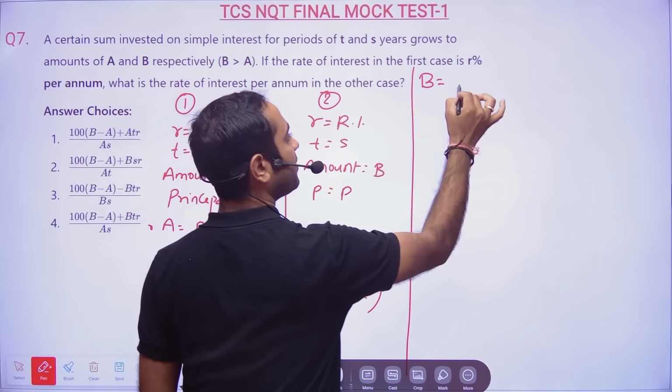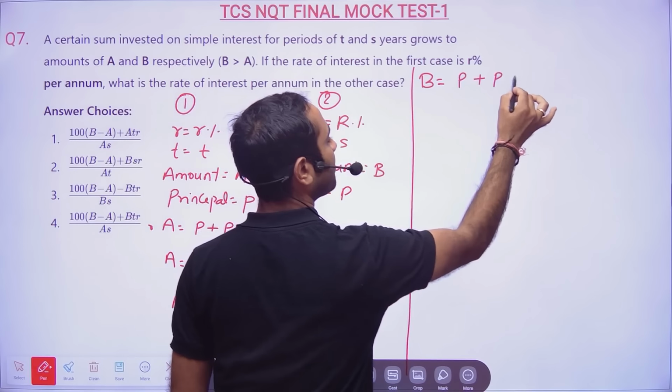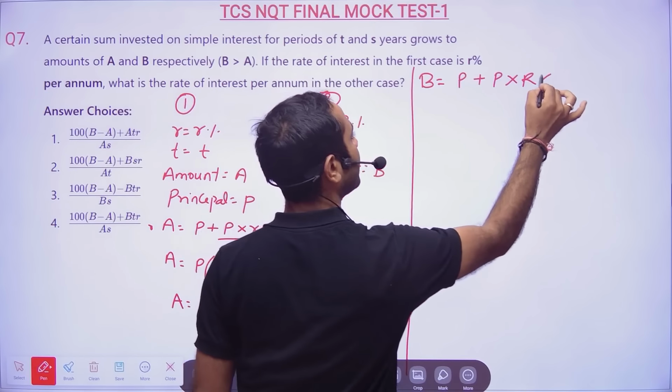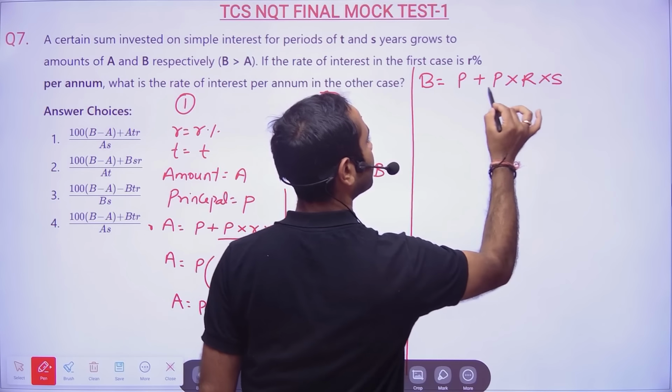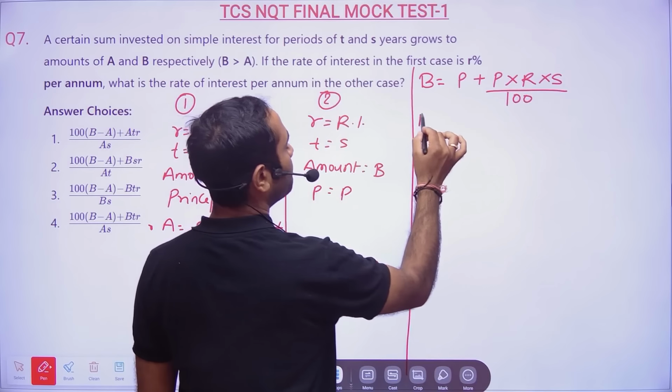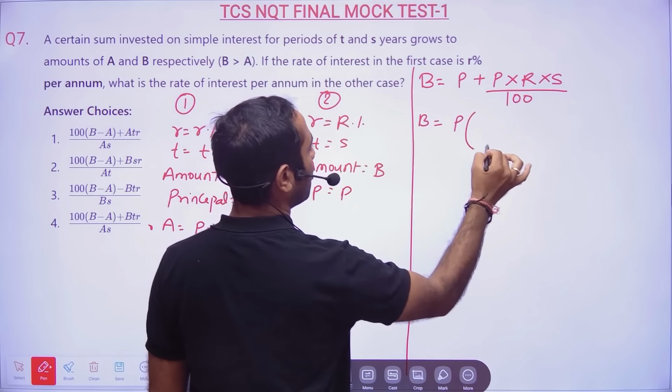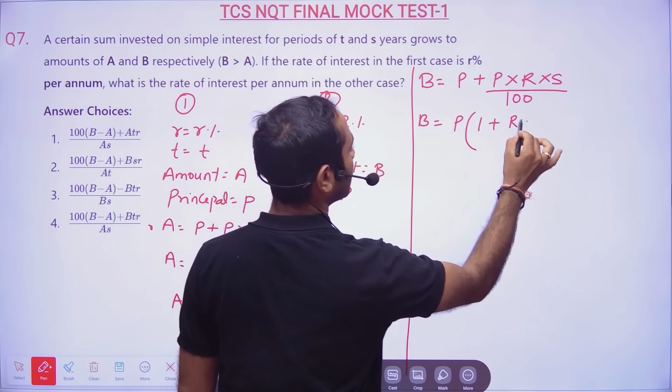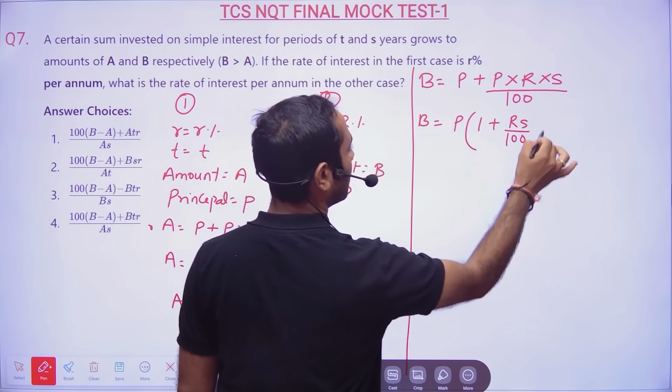Now in this case, my amount is B. So amount will be equal to principal plus principal into R, which we have to find out, into time S divided by 100. So B will be equal to P, I will take common, so 1 plus RS by 100.